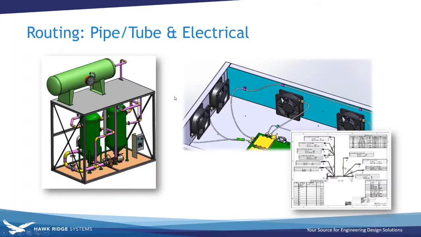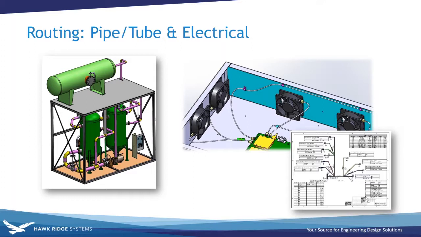But I want to step away from simulation now, because again, we're going through these pretty fast paced, and take a look at routing. So routing is another big reason people will go to SOLIDWORKS Premium. It's basically an automated system that allows you to drag and drop in connectors and produce routes, either for pipes and tubes or for electrical wiring applications.